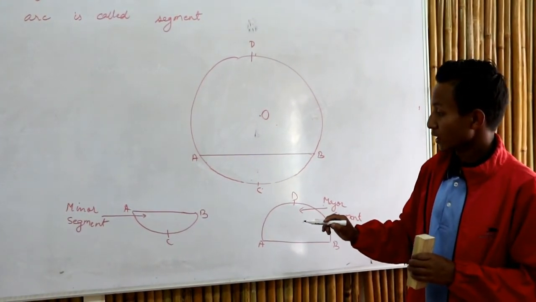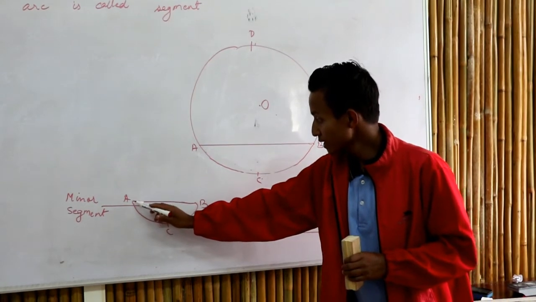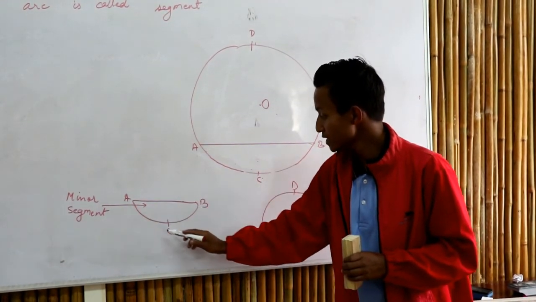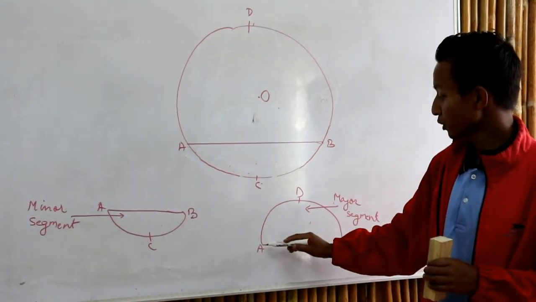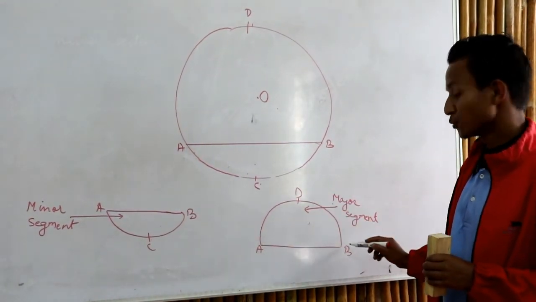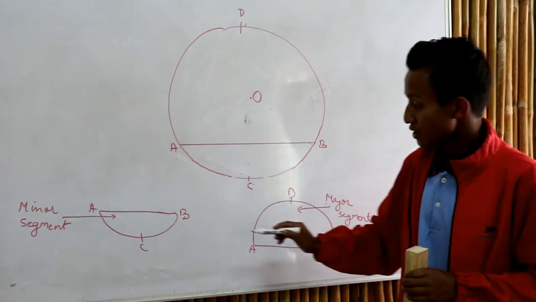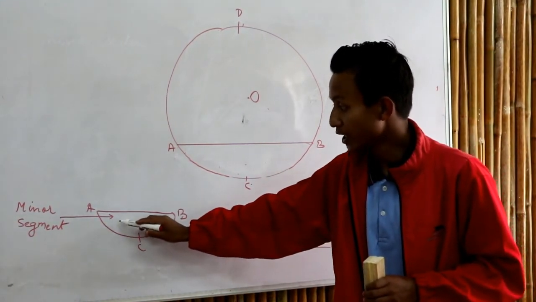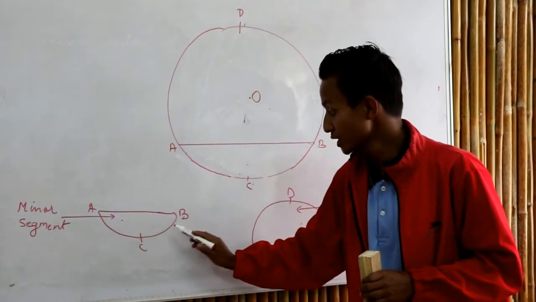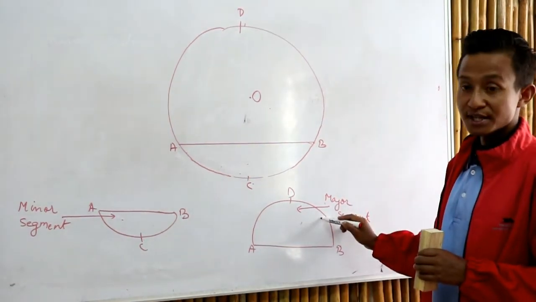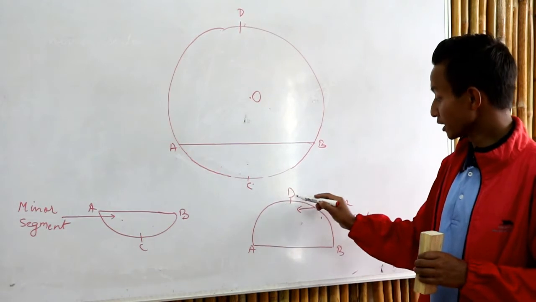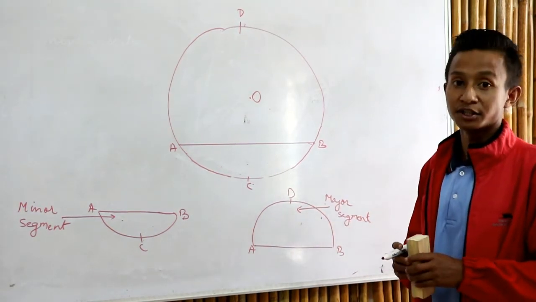As you can see here, this arc ACB is smaller as compared to the arc ADB. So this will be the minor segment, as ACB is the minor arc, and this will be the major segment, as ADB is the major arc.